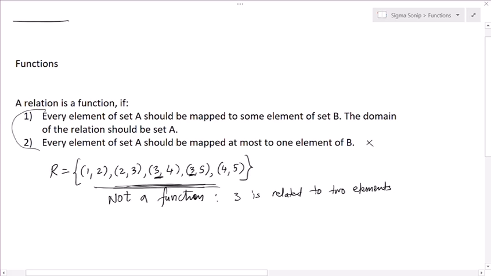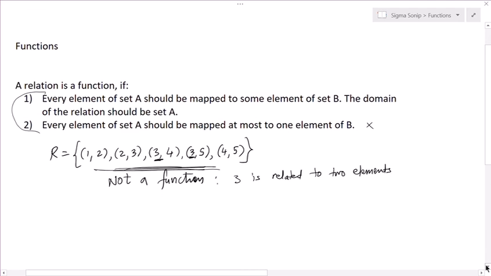Okay, let's look at the next example. This time I have a visual example.